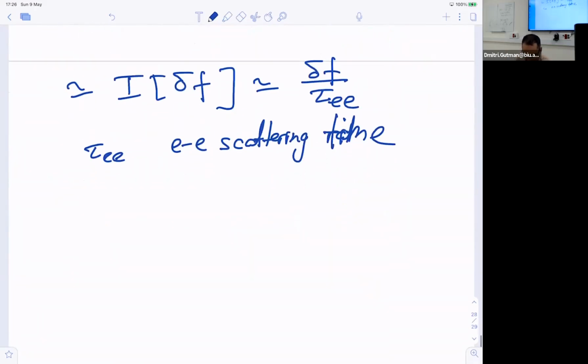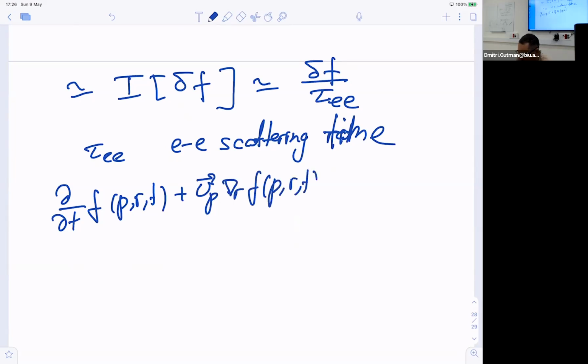Then what we have in the Boltzmann equation is ∂_t f(p, r, t) plus v_p times the gradient ∇_r f(p, r, t), and on the right-hand side there is delta F divided by tau_ee. Now, here on the left-hand side, we can replace this with the Fermi-Dirac distribution function.